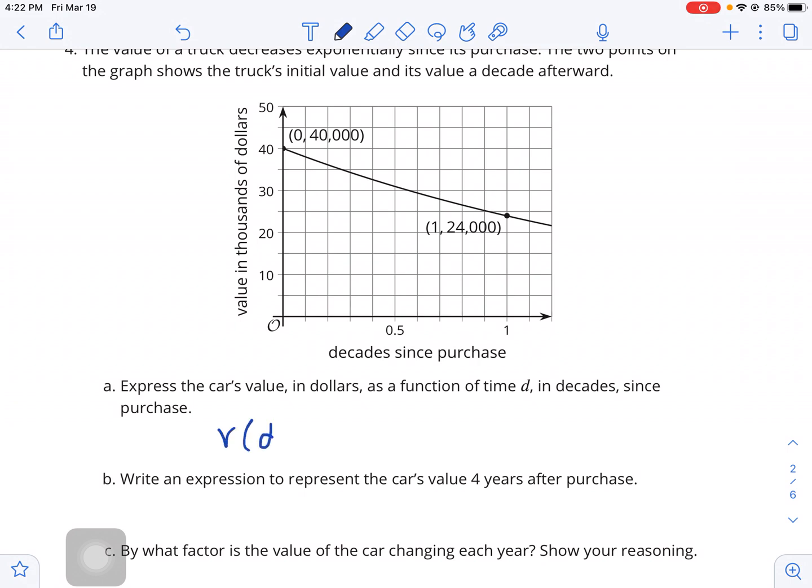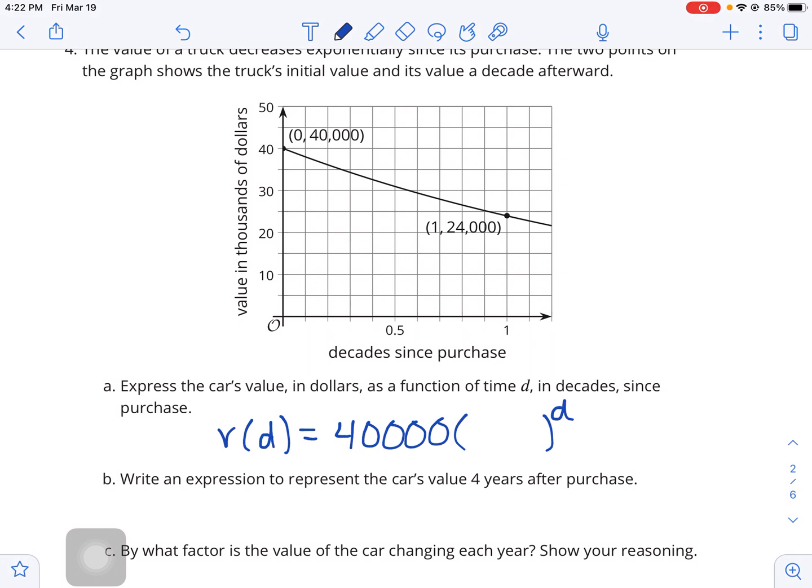We'll call it V of D, and it starts out at $40,000, and we need to figure out that multiplier. In 1 decade, it went from $40,000 down to $24,000.